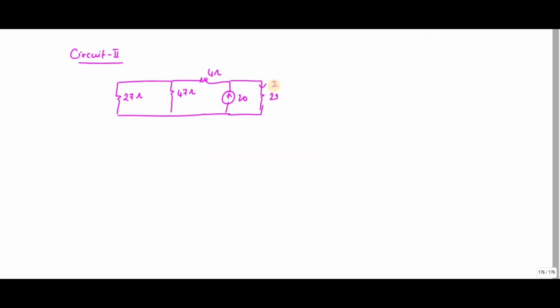If you see, the 27 and 47 are in parallel, so you will get 17.14.